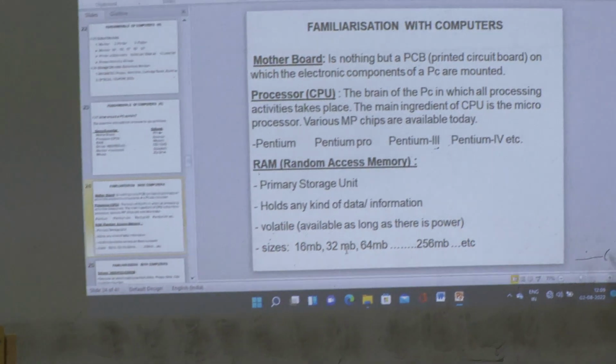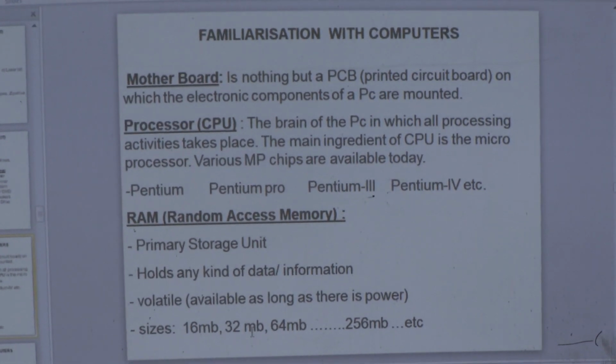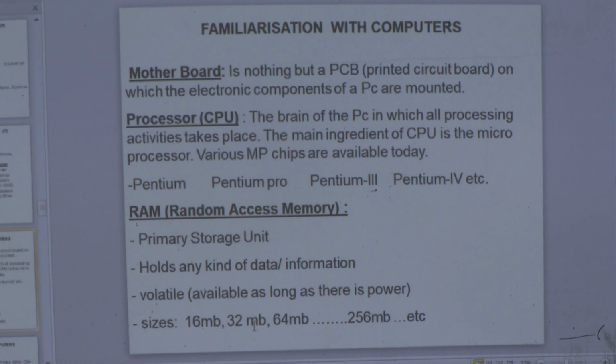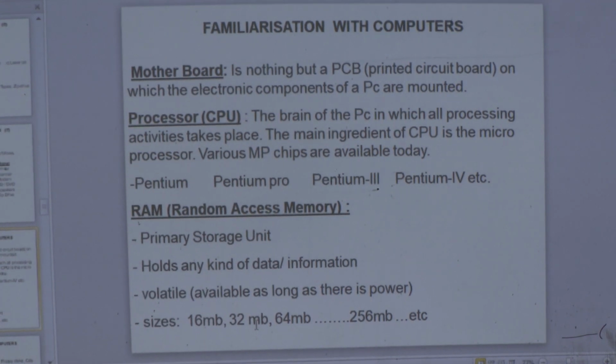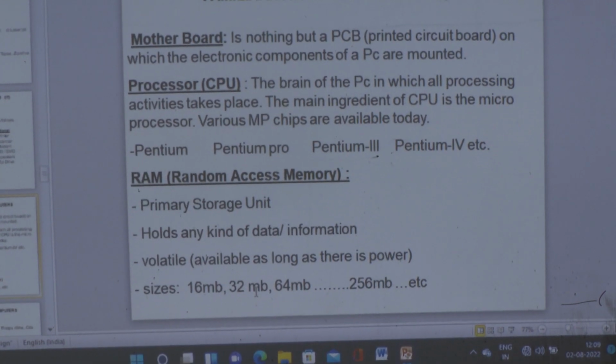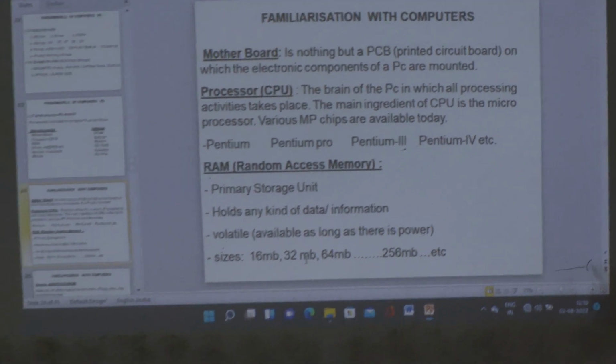You should always know the alternative names, they will confuse you. PCB is printed circuit board. You might have observed that when you open your CPU, you can see one big printed circuit board on which electrical components are mounted. Small circuits will be there.